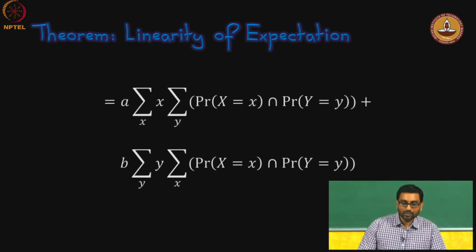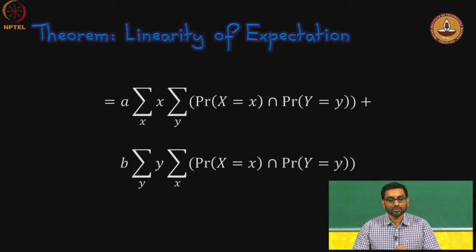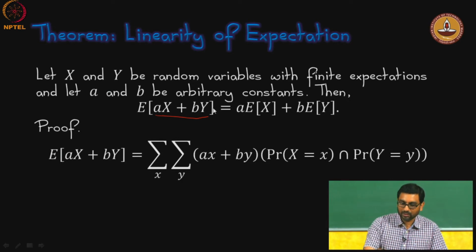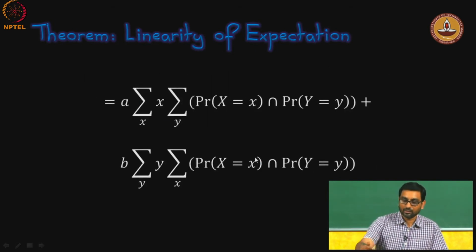Now, what we do, we arrange it so that we put the summation over x first and the summation over y inside, and so basically we take this probability term and multiply it by ax, then the probability term multiplied by by. Those are the two terms that we get.